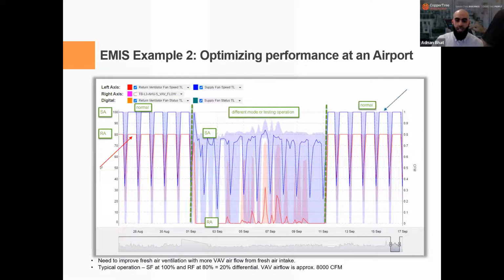The blue line represents the supply fan speed, which in normal operation was running at 100%. Now this indicates a 20% differential in fan speed. The middle section in the graph is a time frame when different fan speeds were being tested, and it can be seen that in this period a higher fan speed differential is being used with much lower return fan speeds.